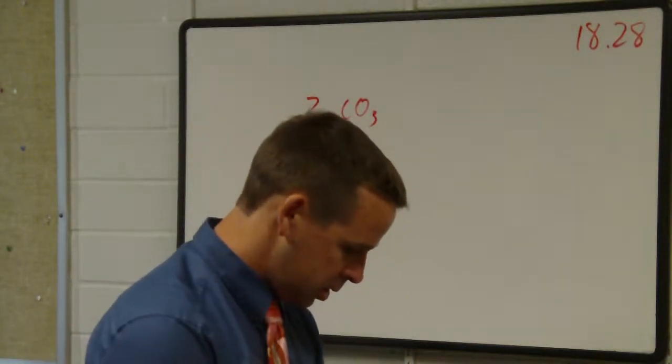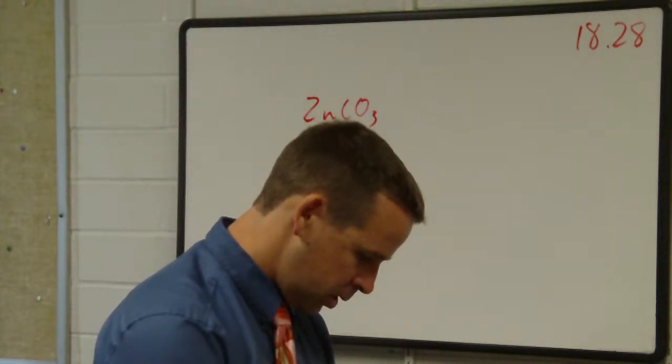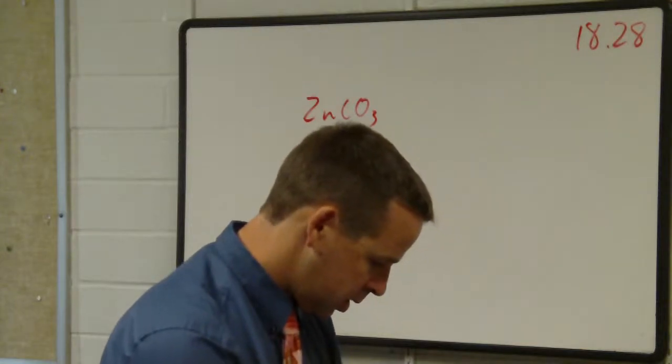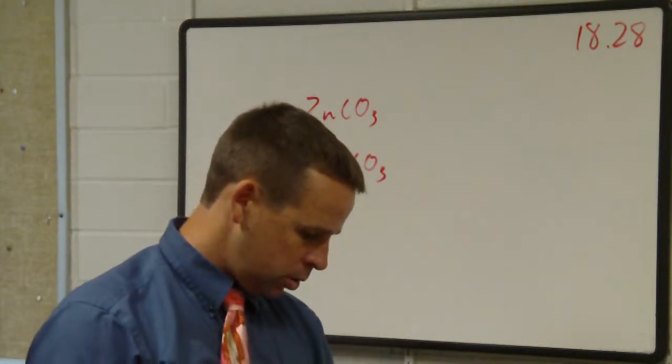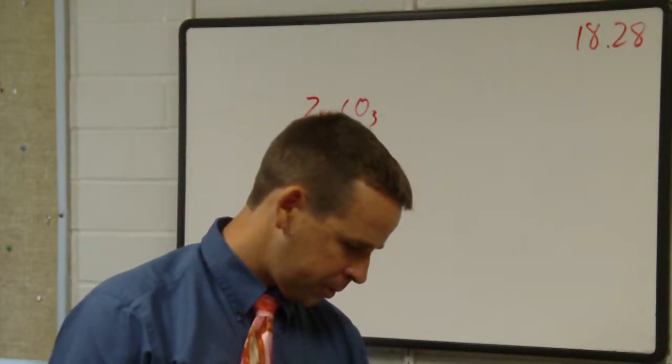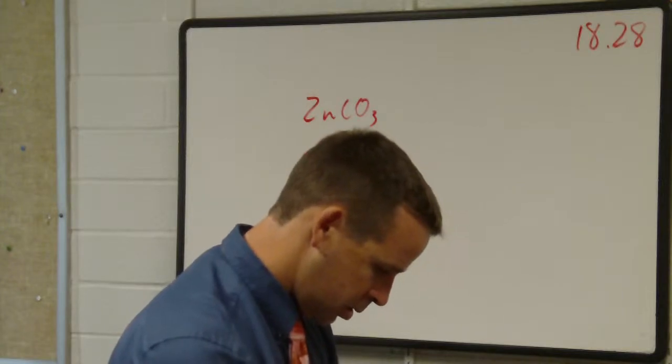So if there was a table in here that would tell us the solubility products of these, then we could see. And the one that was more soluble would have the larger solubility product. All right, so let's see, the carbonates, is that here somewhere?